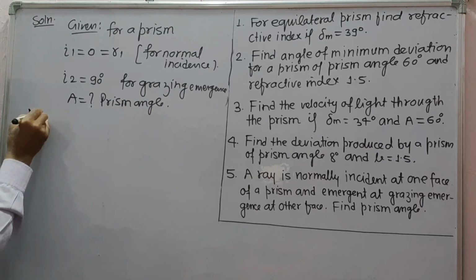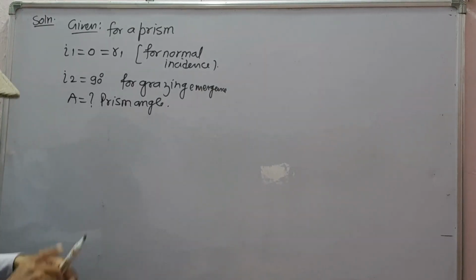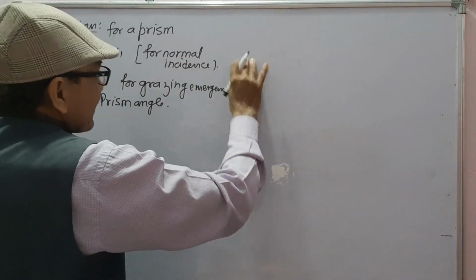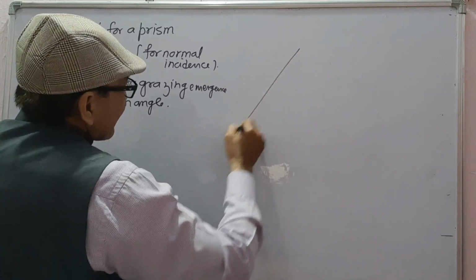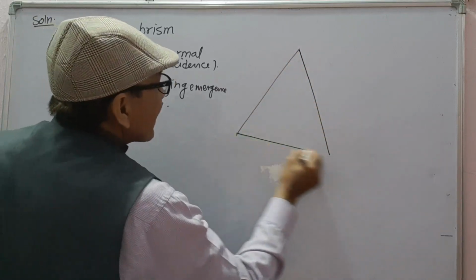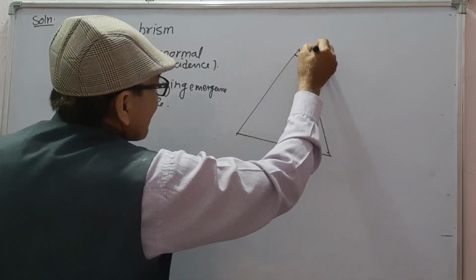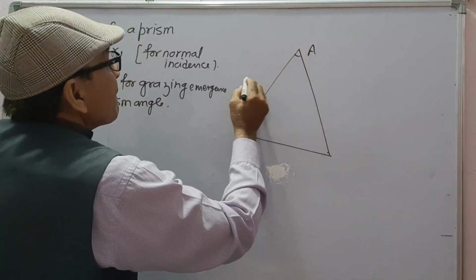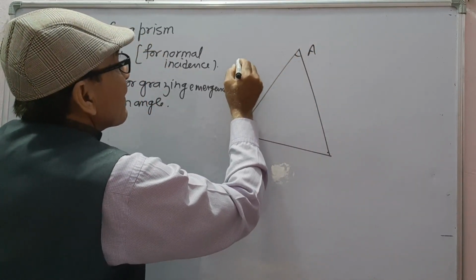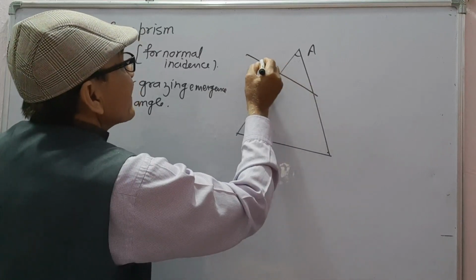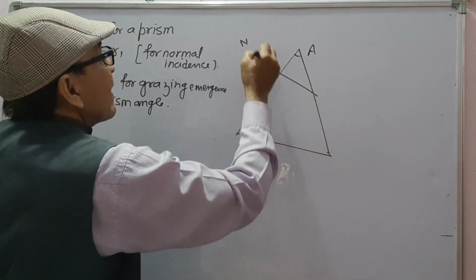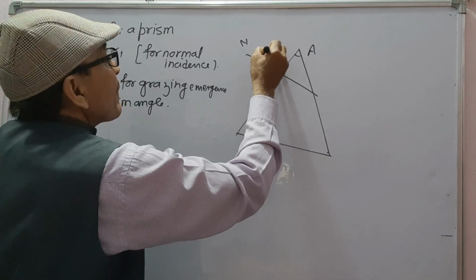Now we know, we can understand this question with this diagram. This is prism angle. This is normal incidence. I1 is 0.